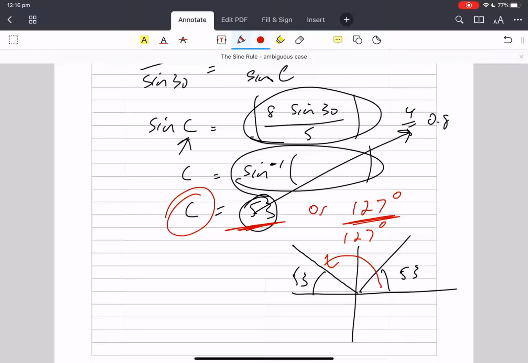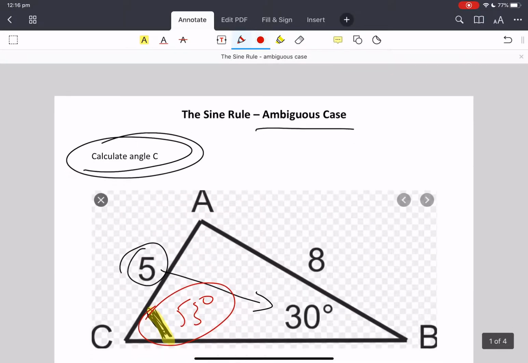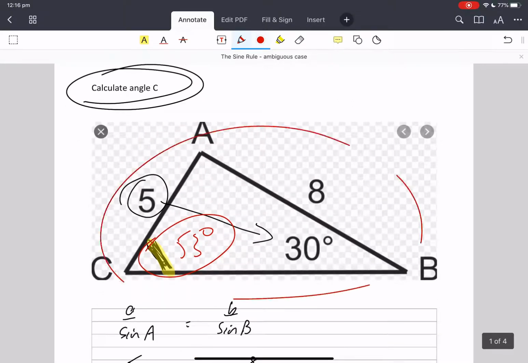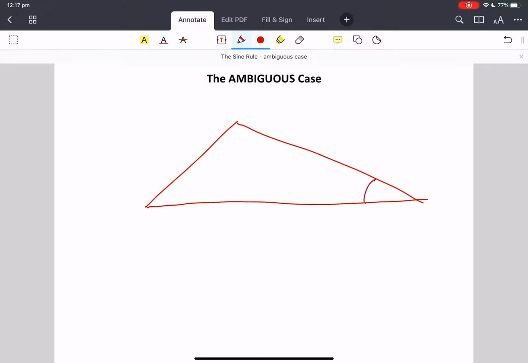Well, how can that be? How does that work? Right. So you'll notice from our first triangle that that is a definite possibility, not drawn to scale clearly. Let's go 30, that was 8, that was 5, and we found our unknown was this thing here, which was 53 degrees.